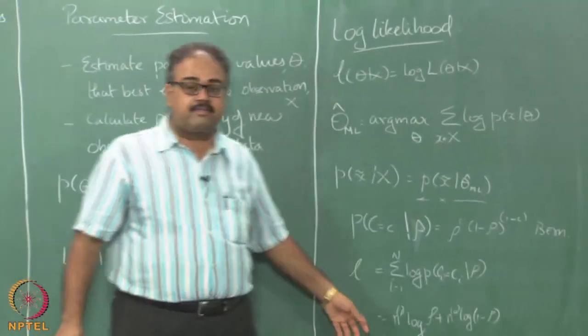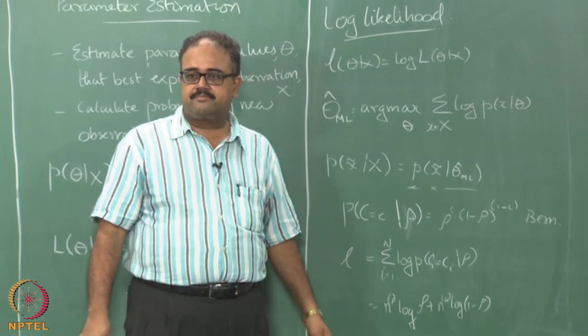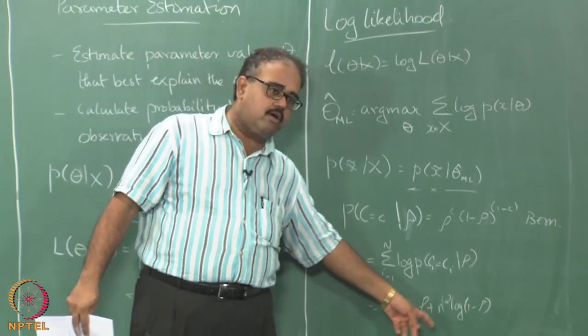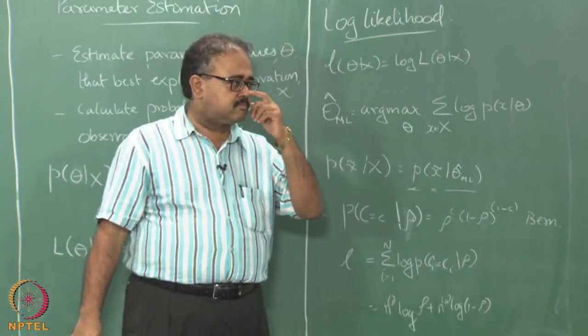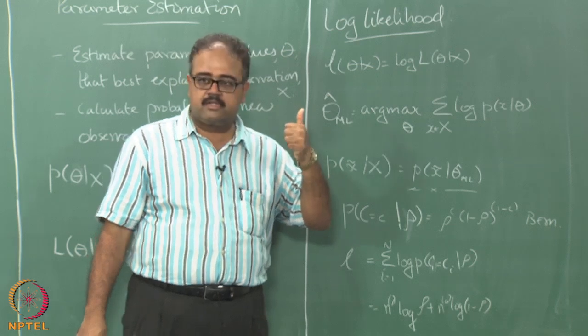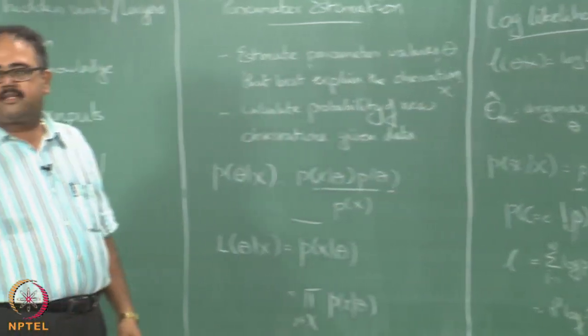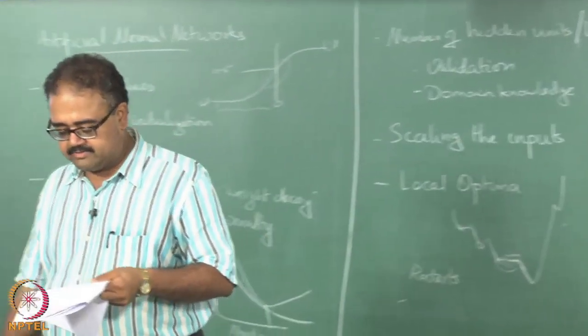So there are n1 times heads has occurred, let us say, and n0 times tails has occurred. Then I can simplify this summation as n1 times log rho plus n0 times log 1 minus rho. It is simple enough. Now take the derivative of the likelihood, equate it to 0, and tell me what rho is.